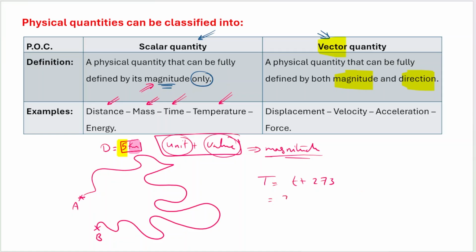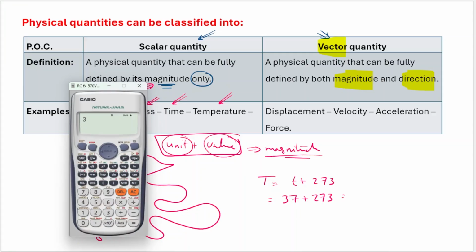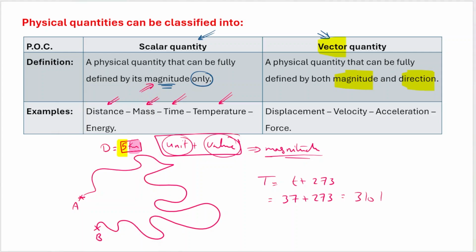For example, 37 plus 273, it will be 310 Kelvin. So 310 Kelvin is equivalent to 37 degrees Celsius. They are the same.